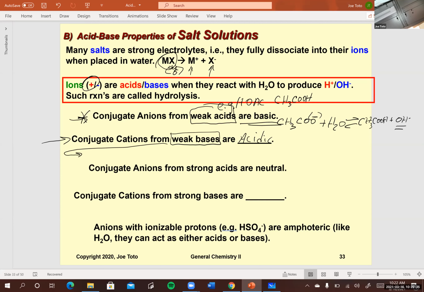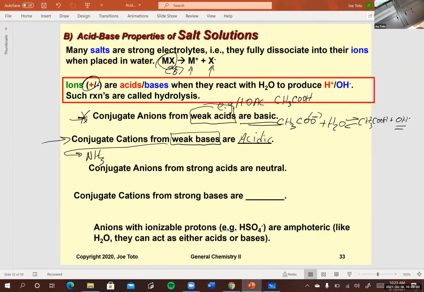What is the stereotypical weak base? CN-. CN minus, yeah, that is a weak base. Definitely. But I'm thinking of something else. The poster child for weak bases, the first one that we introduced the Kb with, was ammonia. Okay, that's a weak base.